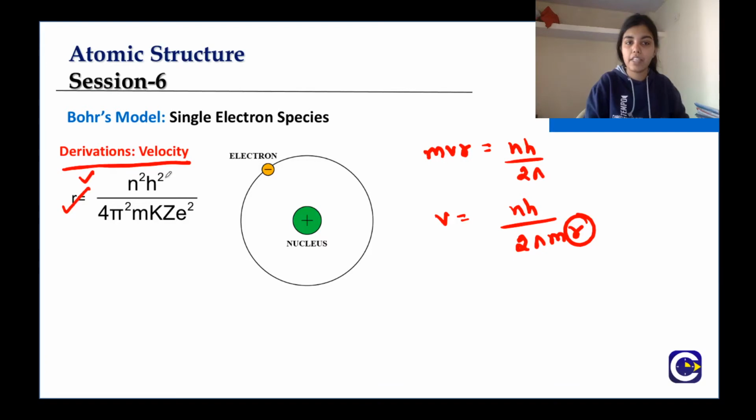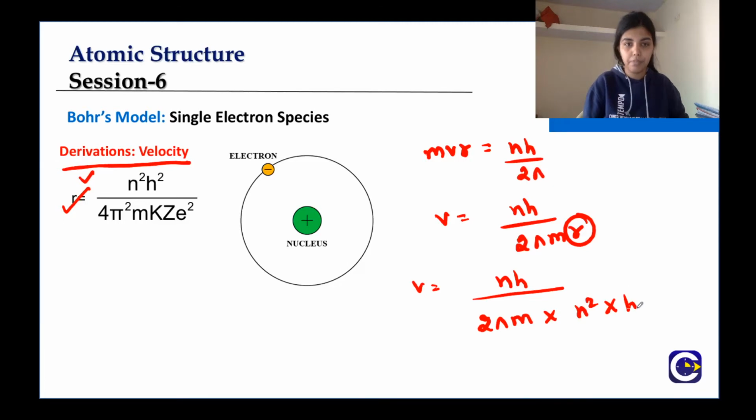Here we got r as n square h square over, so this you can put it as nh upon 2 pi m into n square h square. This will be numerator k z e square, right? This you cancel out. It will become what?